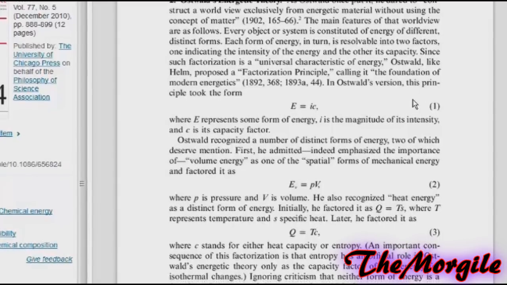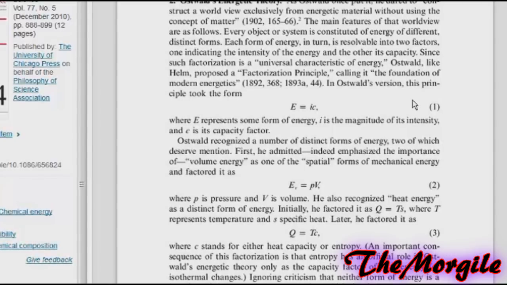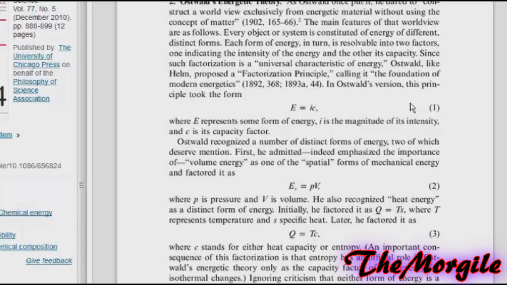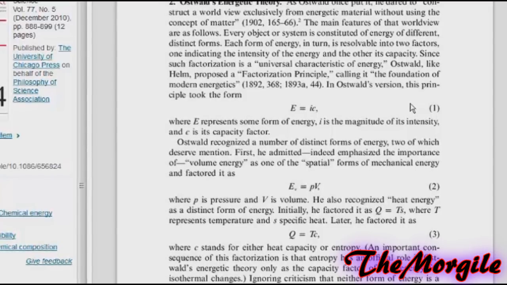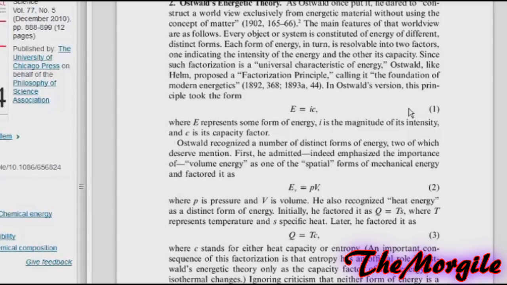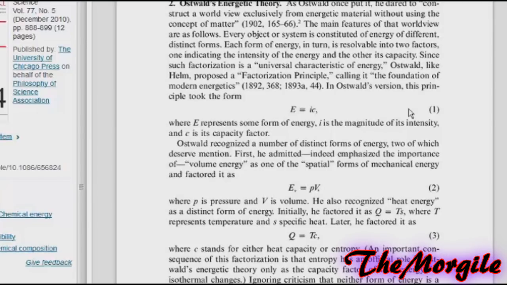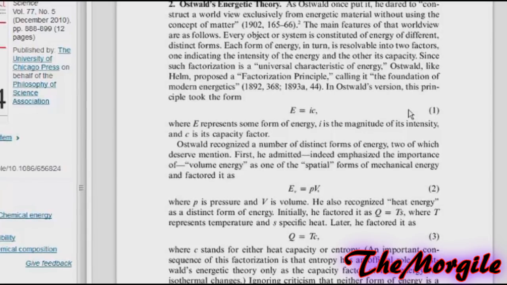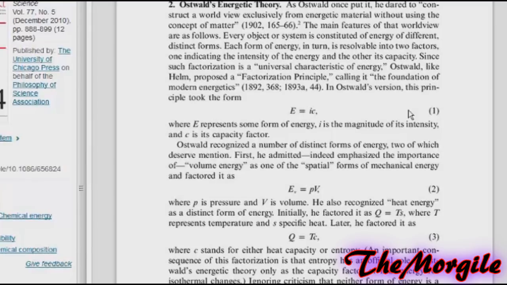Each form of energy, in turn, is resolvable into two factors, one indicating the intensity of the energy, and the other its capacity. Since such factorization is a, quote, universal characteristic of energy, end quote, Ostwald, like Helm, proposed a, quote, factorization principle, calling it the, quote, foundation of modern energetics.